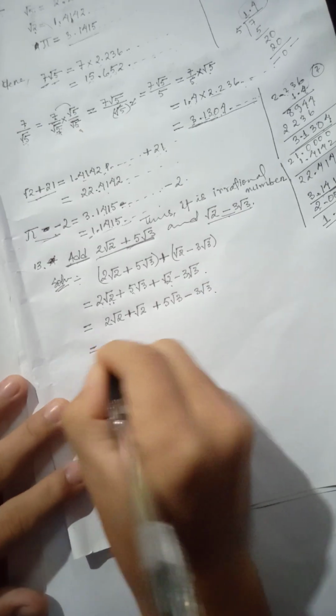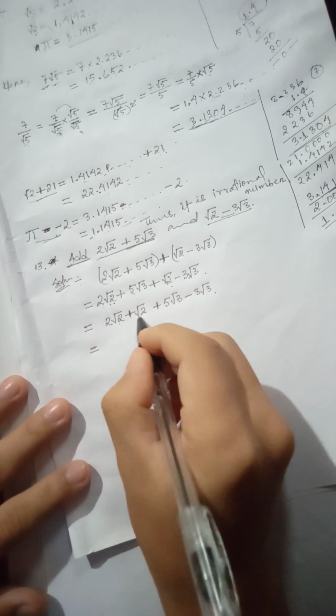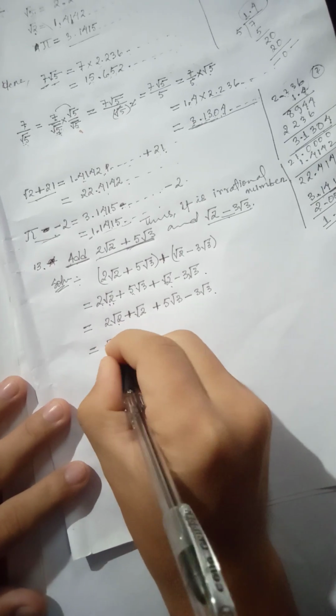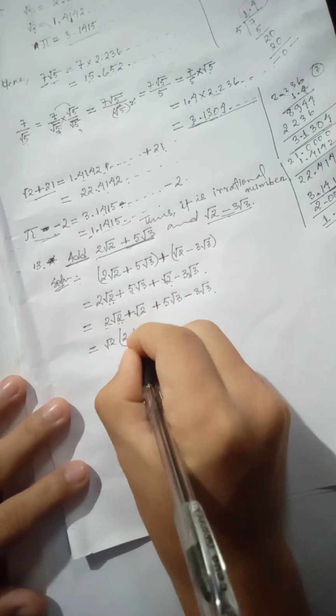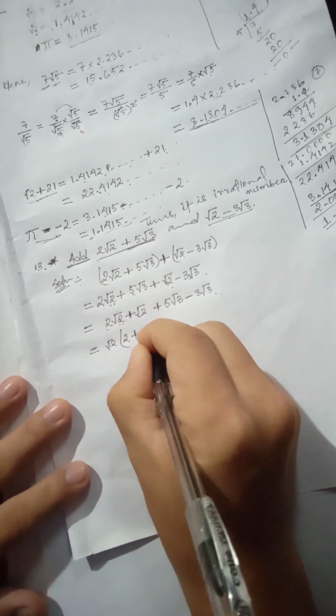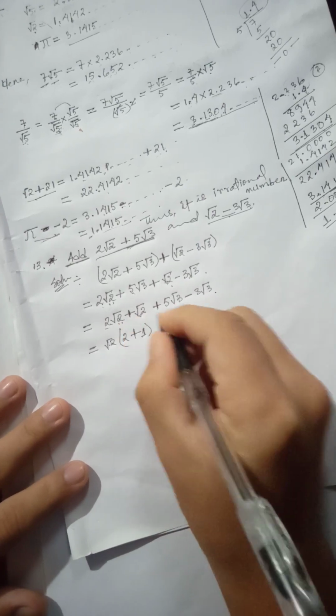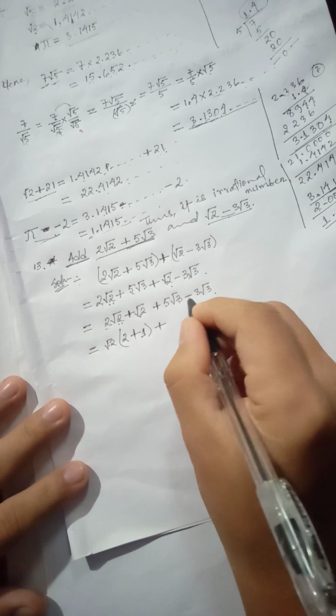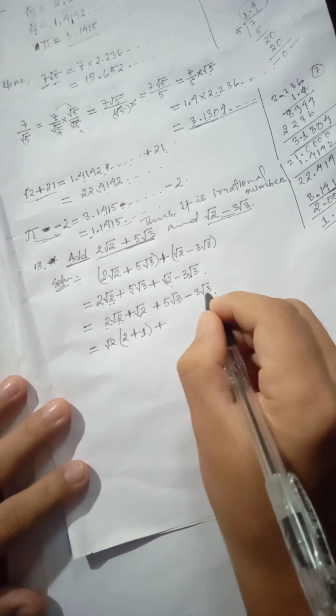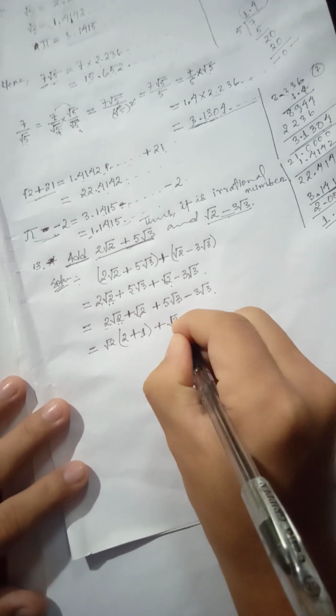What is the common factor that we got here? That is root 2 and root 2, so let us take root 2 here. Root 2 times 2 will give you 2 root 2, plus root 2 times 1 gives root 2. What is the common factor we can take from the others? That is root 3. Here we can take root 3.